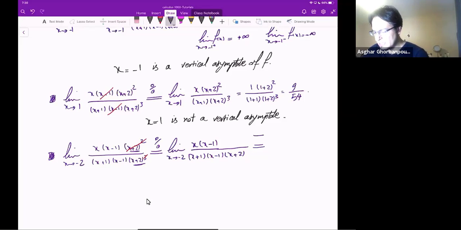So this will be -2 times -3, 6. -1 times -3, 3. And then 0. Okay, so this will be either plus or minus infinity. Again, you can't fix exactly what is going on there, but right away from there, you can see that x equal to -2 is a vertical asymptote.